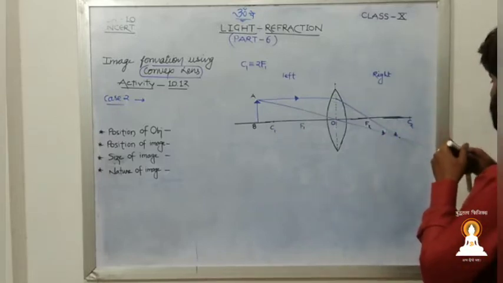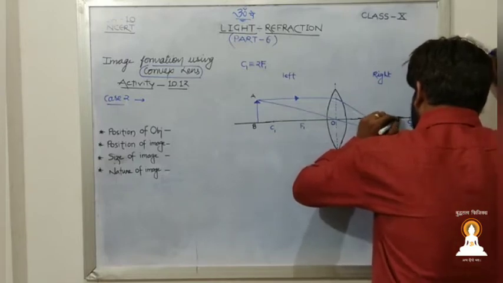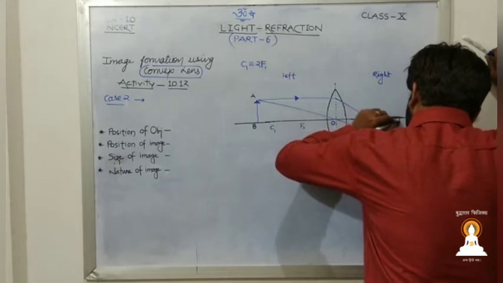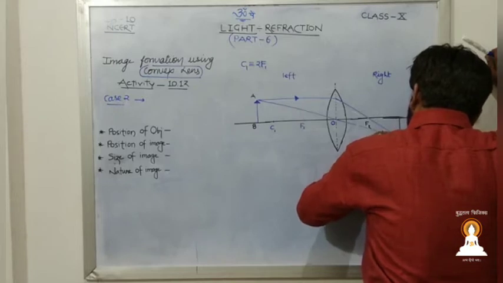So the image of that particular object will be formed here between F2 and C2.